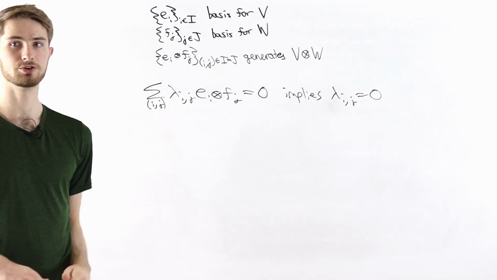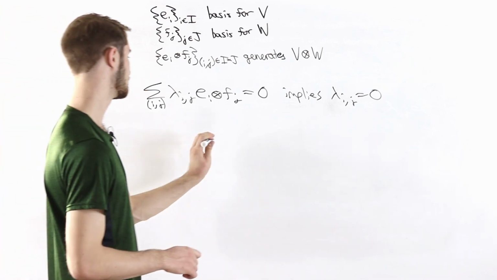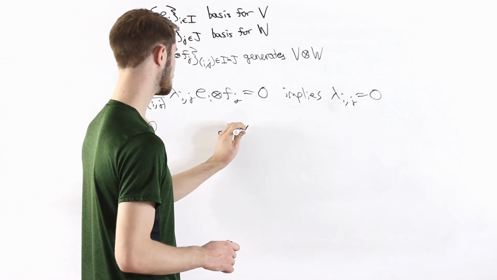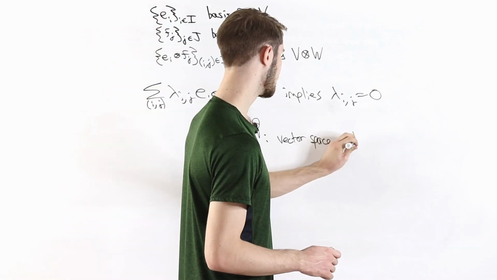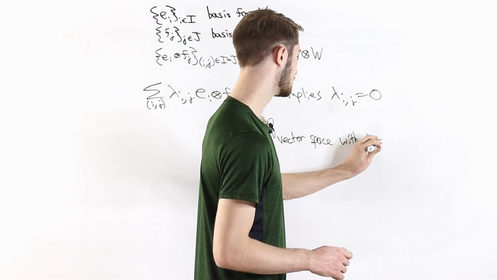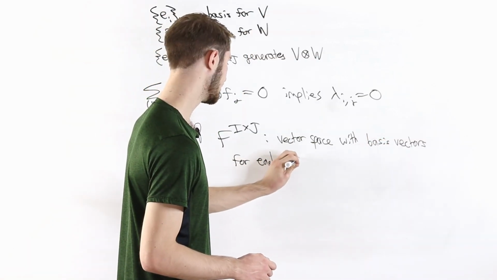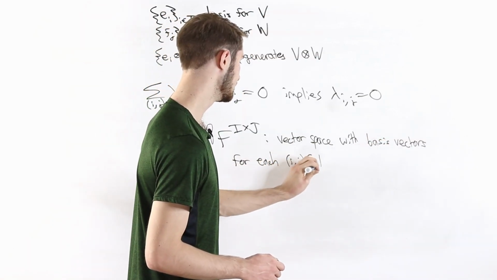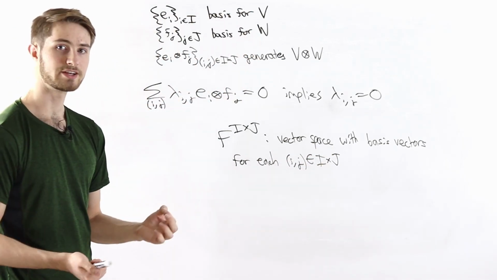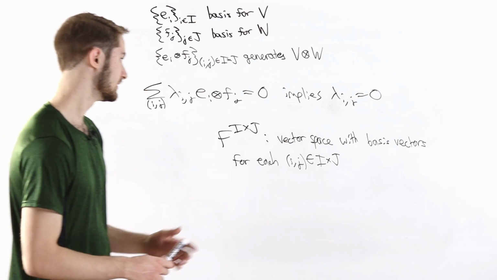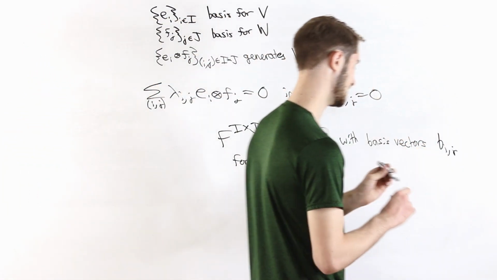Now before we get into proving that this set is linearly independent, I'm going to define another vector space. I'll denote it by F superscript I cross J, and this is going to be a vector space with basis vectors for each pair (i, j) in this Cartesian product I cross J. So this is a vector space with a new basis, and I'm going to call the basis vectors b_ij.